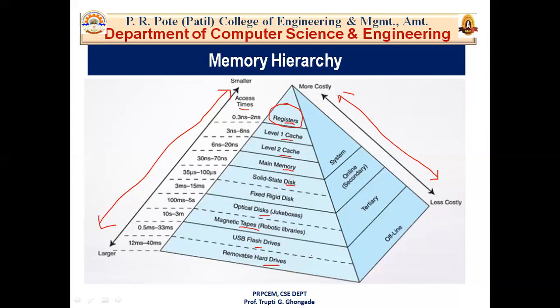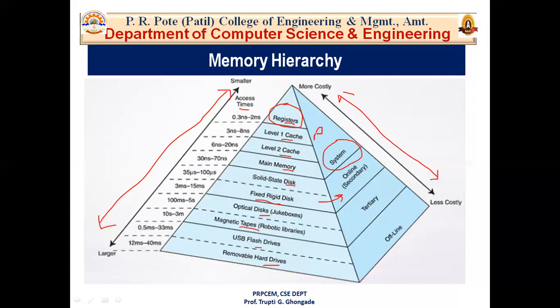The next concept here is that register, cache memory, and main memory are included in the system. And this is a fixed rigid disk. It is our online storage, or we can say secondary storage.